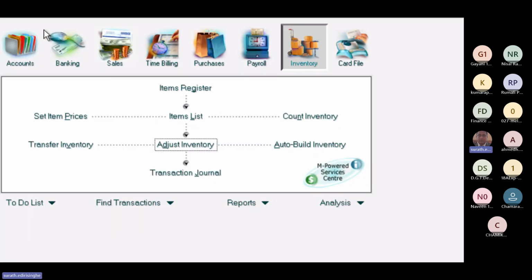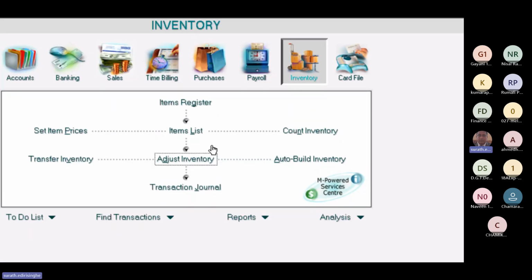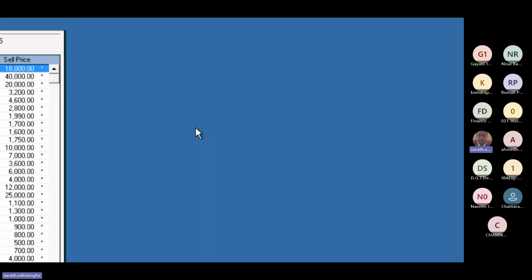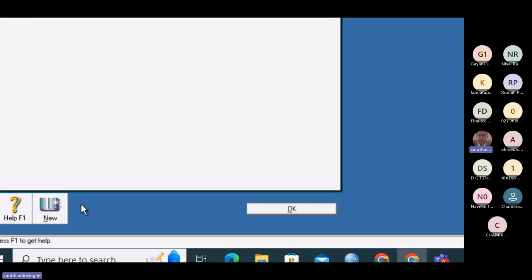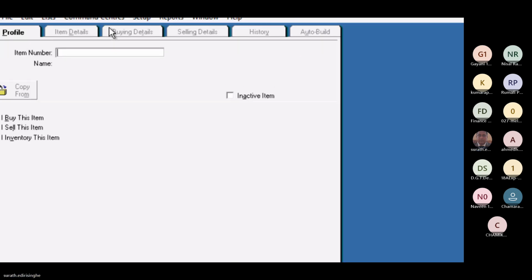First, now I go to the inventory list. New inventory item, bat and ball collector.